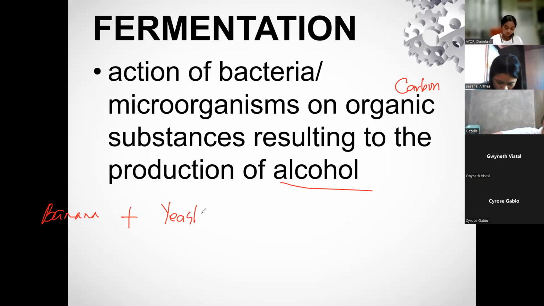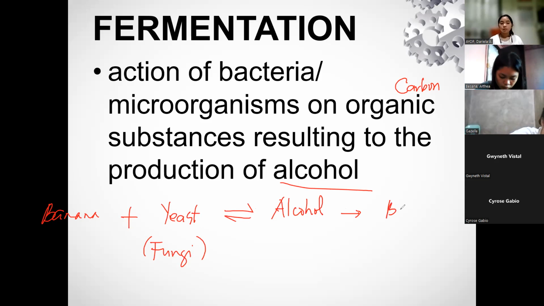Instead, you can use yeast. Okay, so yeast is one type of a fungi, or a fungus. So pag nag-react yung yeast doon sa banana, alcohol will be produced. So in the end, you will have a banana wine.